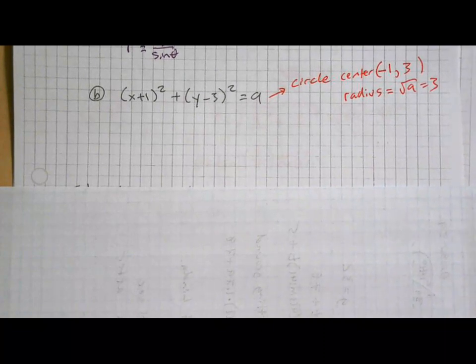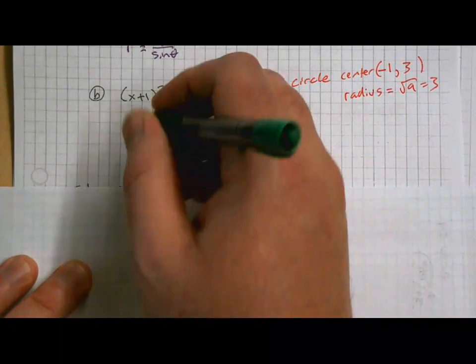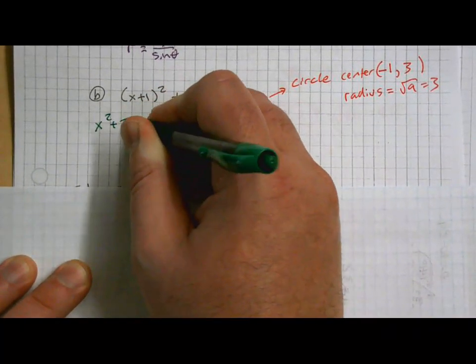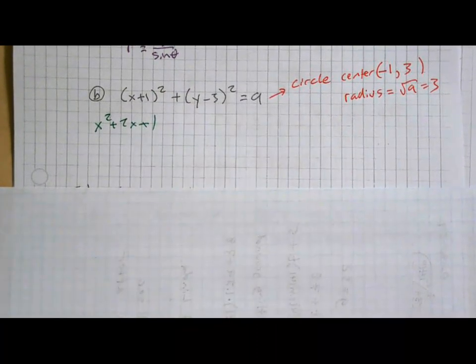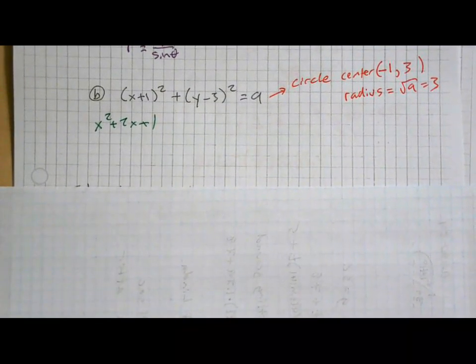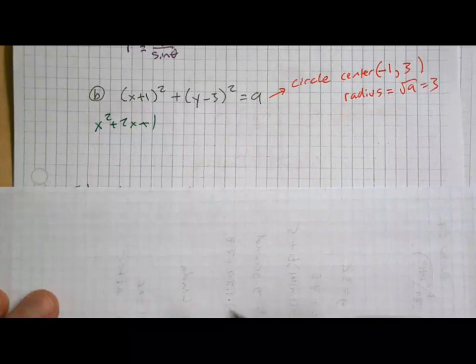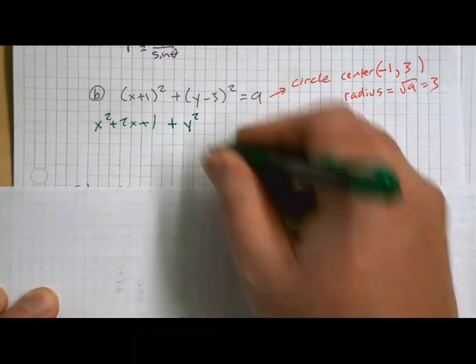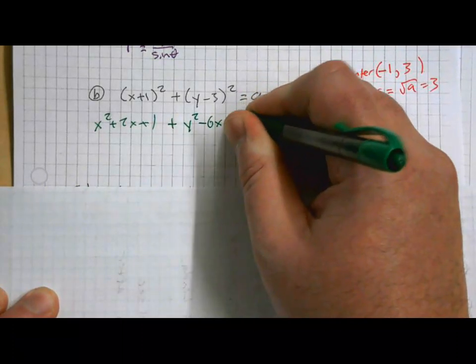Guys, we need to boogie here, so let's focus and get this going. Squaring that binomial gets us x squared plus 2x plus 1. You guys should know these shortcuts at this point. Squaring this gets us y squared minus 6y plus 9.